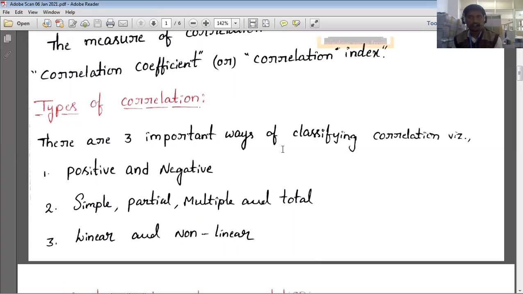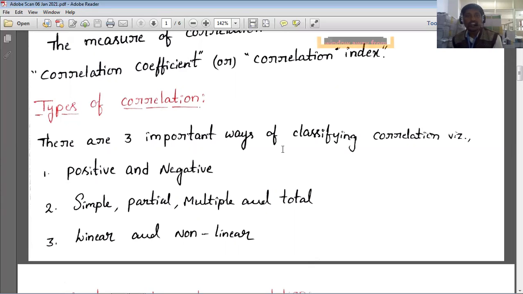In the same way, rainfall and production of rice: if rainfall is sufficient, then obviously rice will also be sufficient.